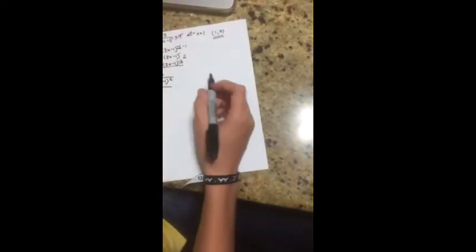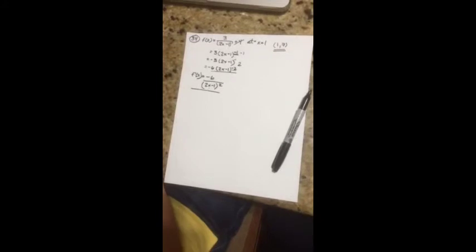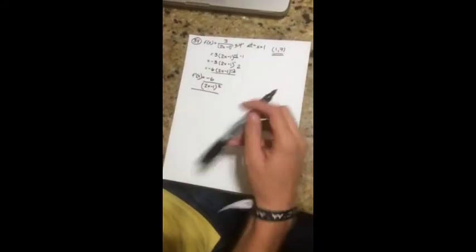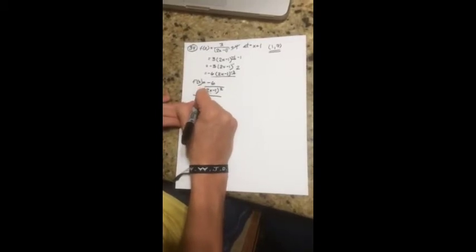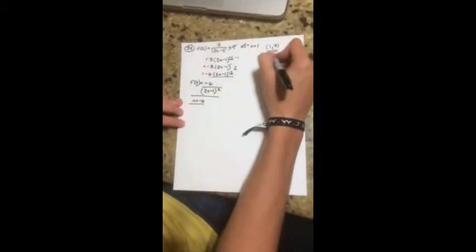Okay, this is the derivative function, and now we're gonna substitute the 1 in here in the x, and what we get is gonna be the slope. And the slope is -6.